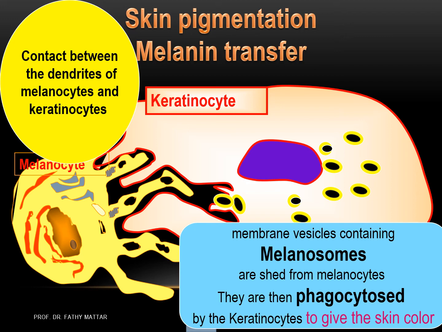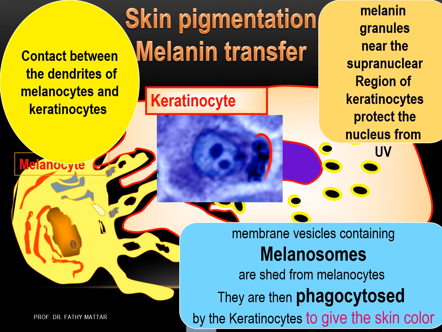Usually the melanosomes are aggregated at the supranuclear region, which is facing the sun rays and the ultraviolet, and so the pigment prevents the effect of the ultraviolet on the nuclei of keratinocytes.